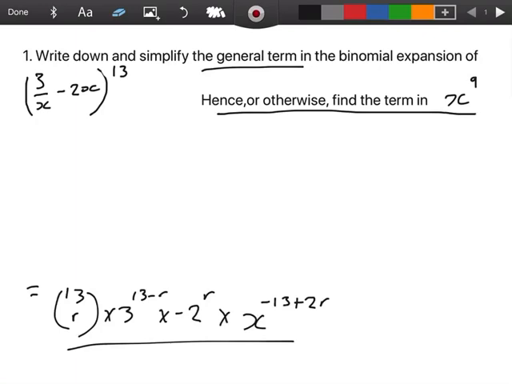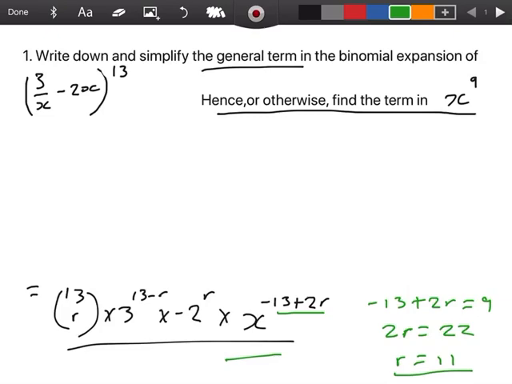We want x to the power of 9. What we've got is x to the power of negative 13 plus 2r, so we can make negative 13 plus 2r equal to 9. That's simple, and if we rearrange that, we get 2r equals 22, and then r equals 11.